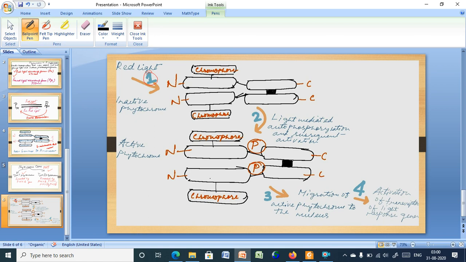In this case, I must mention the basic understanding of these two terms, senescence and abscission. They are very much correlated. Senescence is synonymous with aging. We use the term senescence basically for plants.